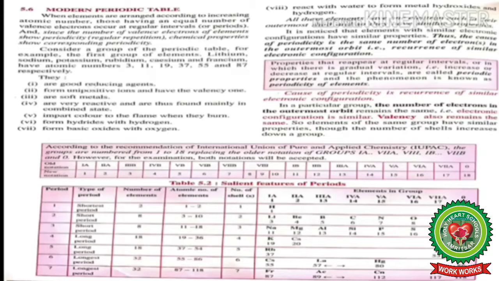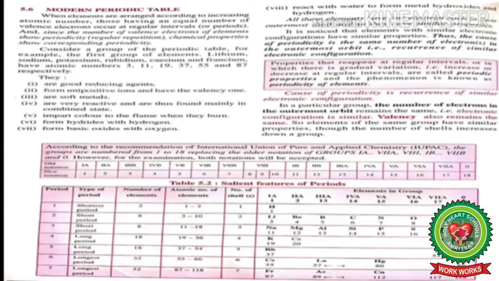Consider a group of the periodic table. For example, the first group of elements, lithium, sodium, potassium, rubidium, cesium and francium, have atomic numbers 3, 11, 19, 37, 55 and 87 respectively.